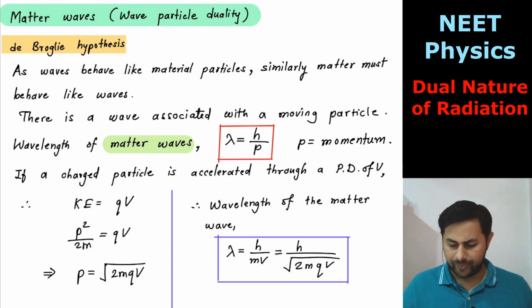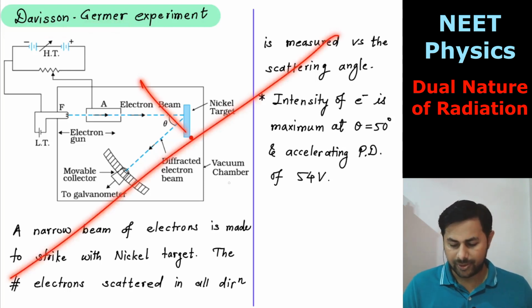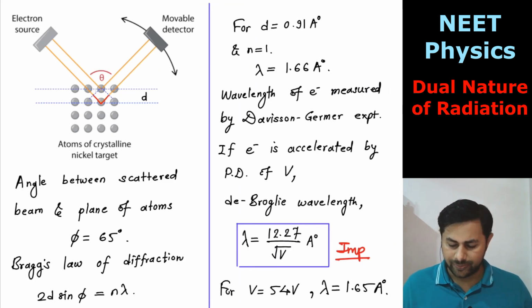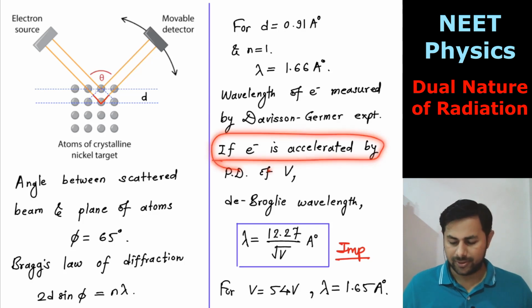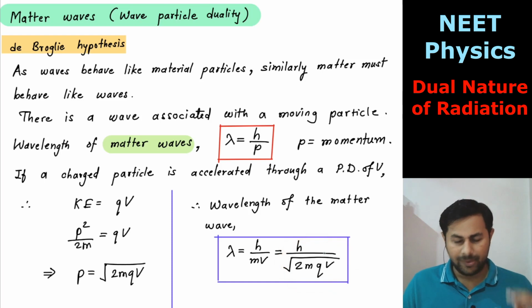Okay, good. So then there was the Davisson-Germer experiment. This topic is deleted from the syllabus, so we'll not talk about that. Now, if an electron is accelerated, we'll take this formula, and in place of the mass of the particle, we'll put the mass of the electron, and the charge on the particle will be the charge on the electron.